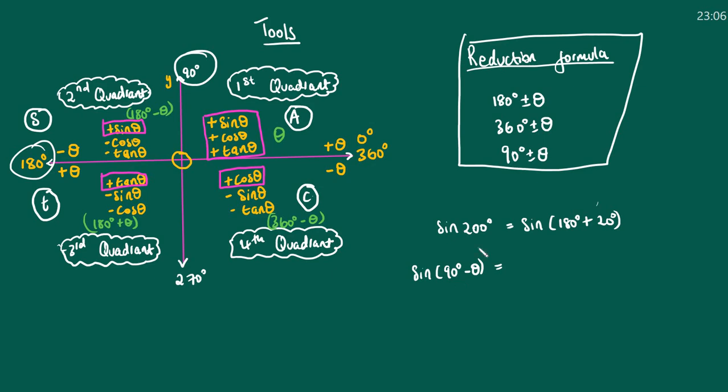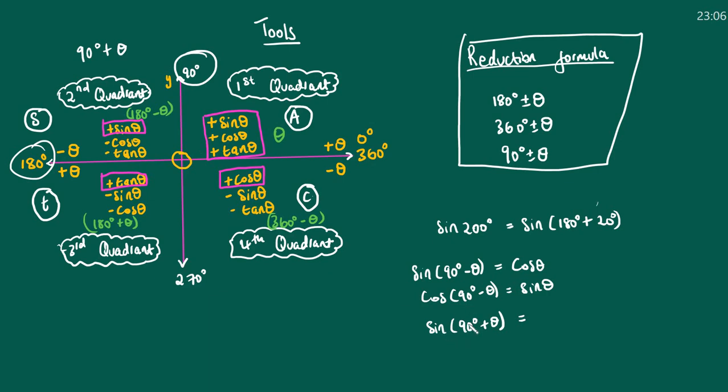So if you had sine, it would change to cos, and if you had cos, it would change to sine. If I have sine of 90 degrees plus theta, it is in the second quadrant.